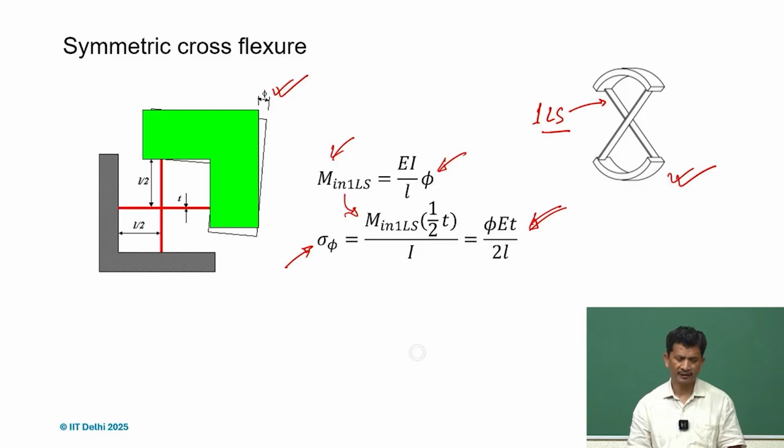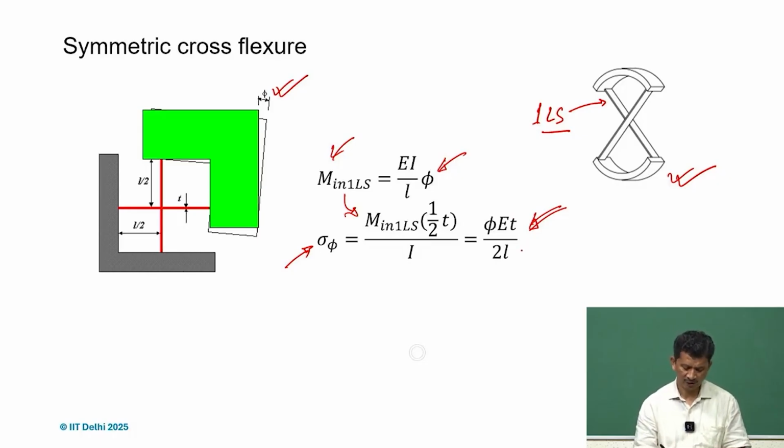So if T is high, a thicker cross section, the stresses will be very high for the given deflection.